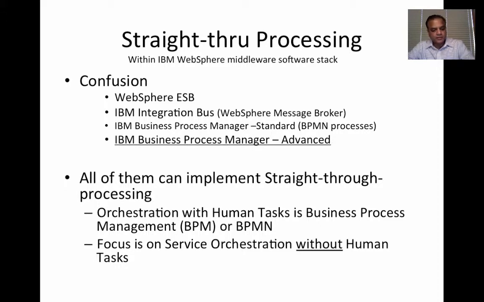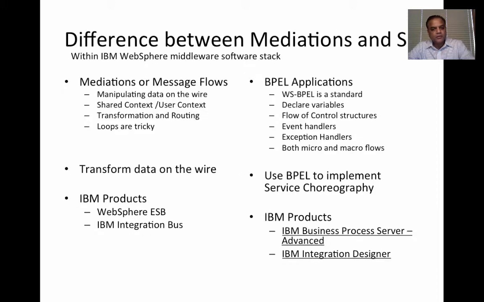The focus of this presentation is service orchestration without human tasks. For that reason, we are focusing on IBM Business Process Manager Advanced. WebSphere ESB and IBM Integration Bus are runtime engines to implement mediations and message flows. They're primarily used to transform data on the wire.